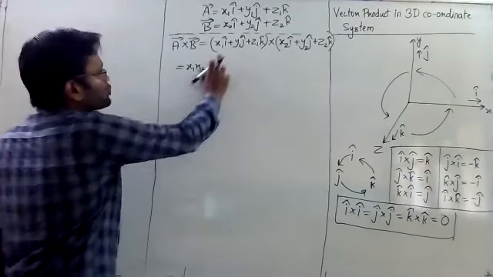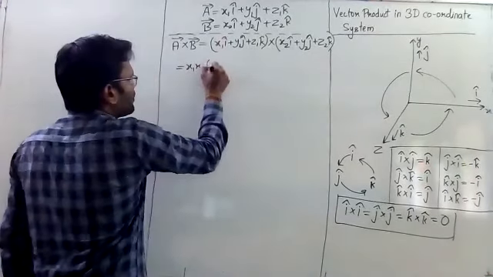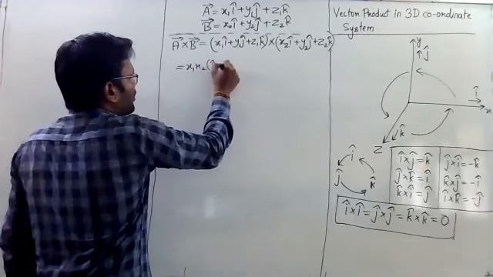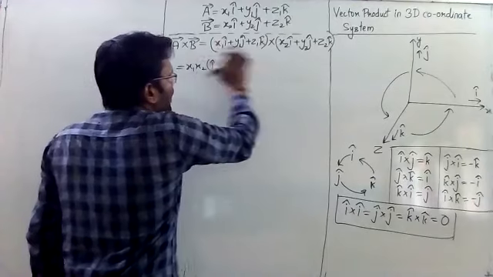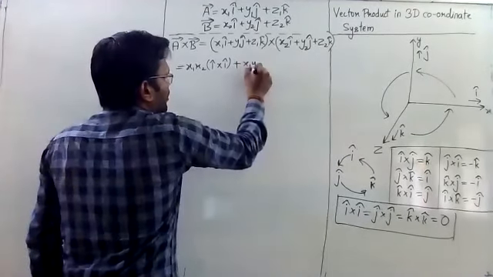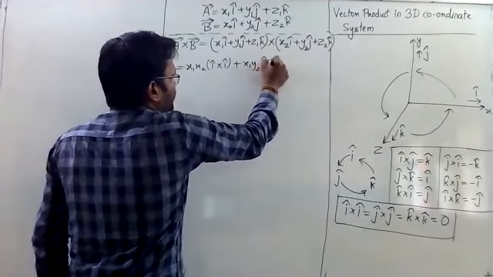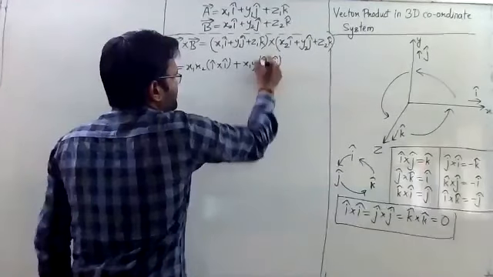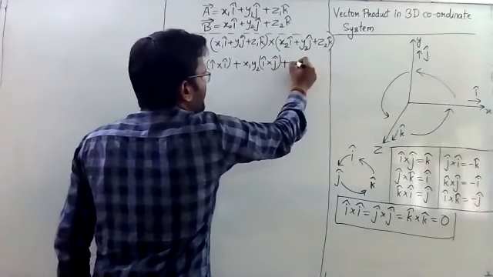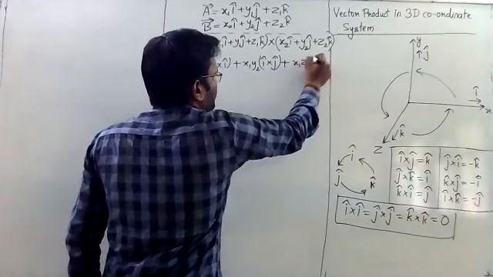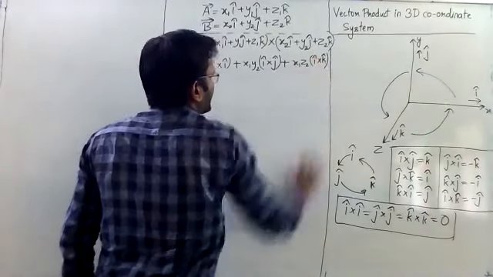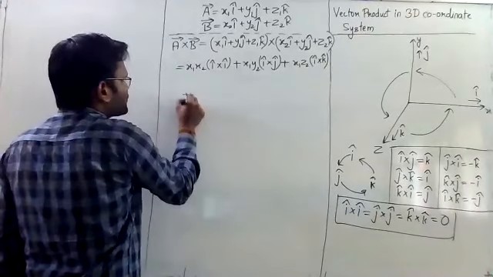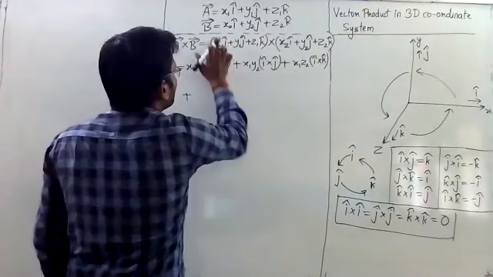So x1 x2 i cap cross i cap plus x1 y2 i cap cross j cap plus x1 z2 i cap cross k cap.